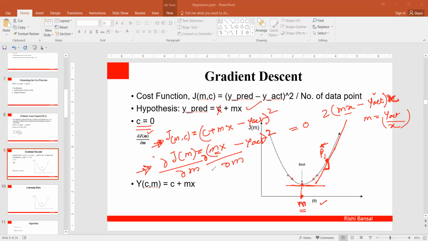Now what happens if you are at this point? Your slope is positive. Remember, your slope is positive, right? This equation, and what is your slope? This is your slope, value of slope. Everyone agrees with me here?